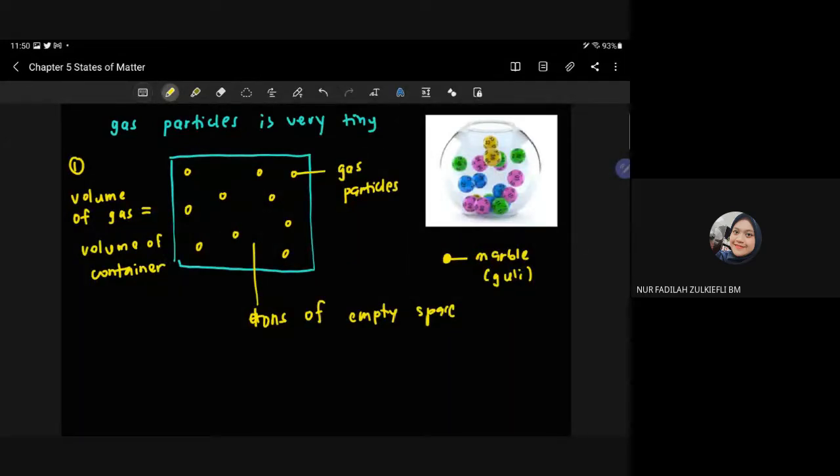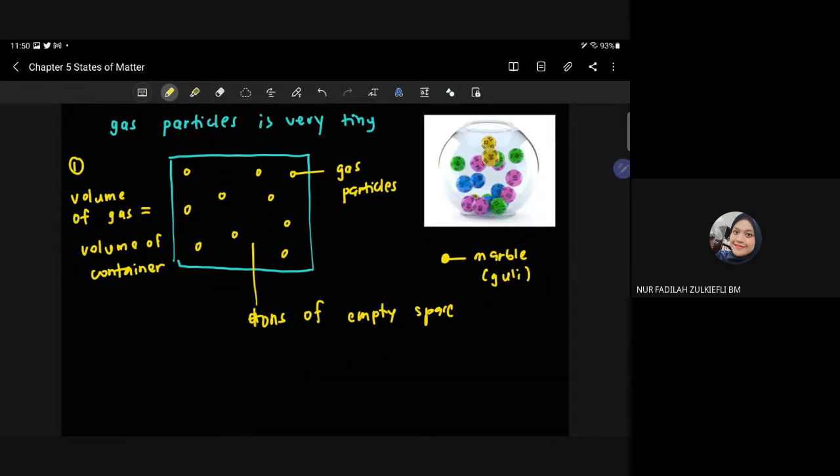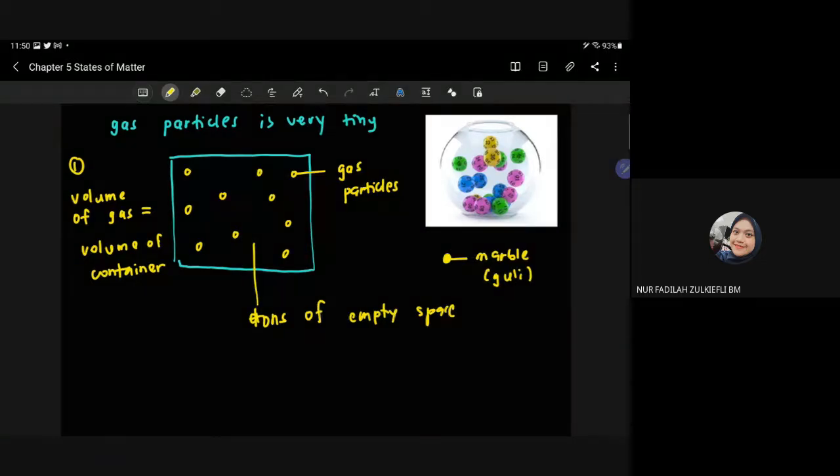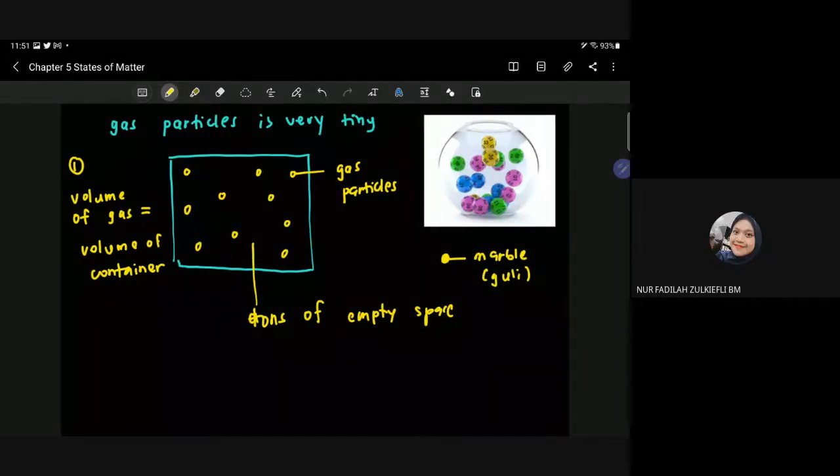Itu yang dimasukkan dengan first postulate. Okay, the volume of gas is negligible and we assume that the volume of gas is equal to volume of the container. Boleh follow teacher? The first postulate.